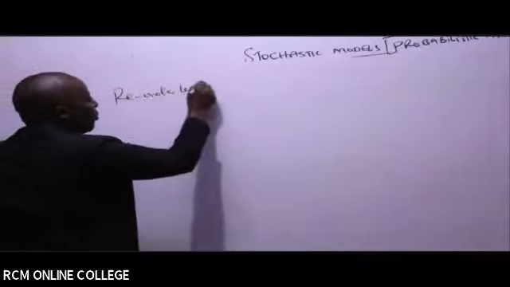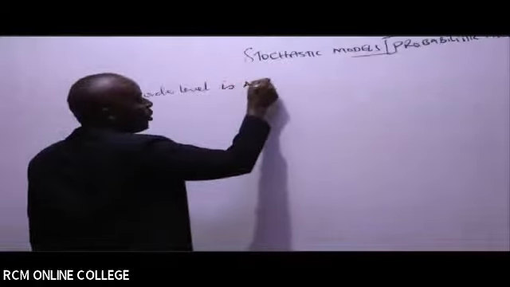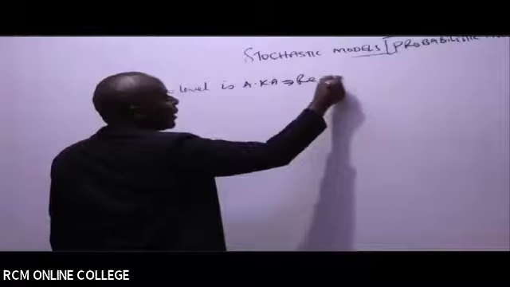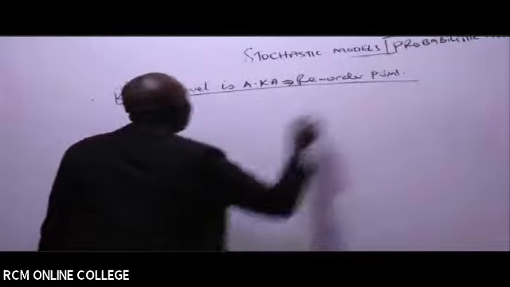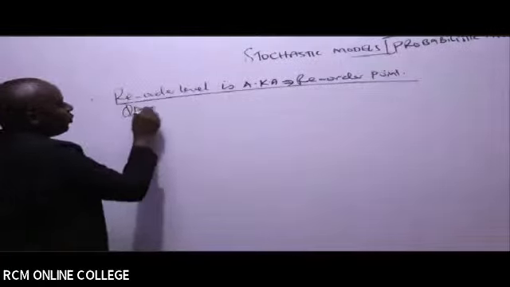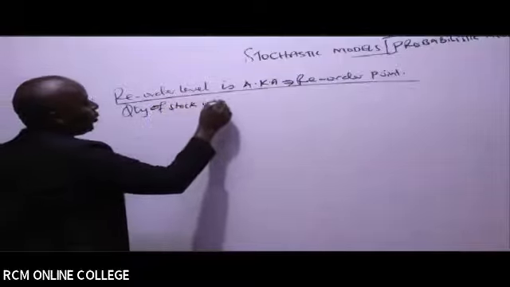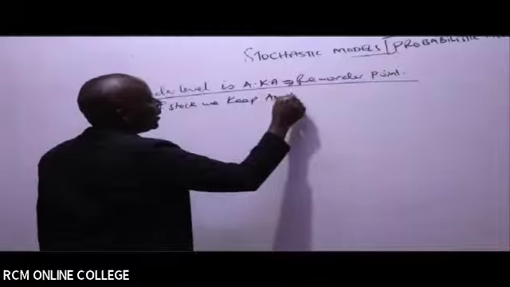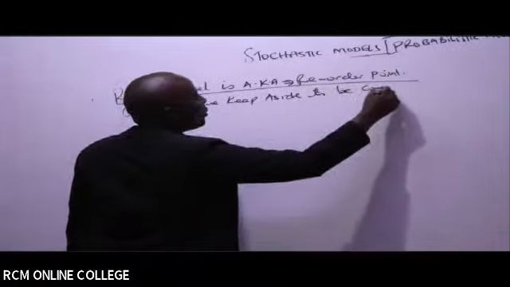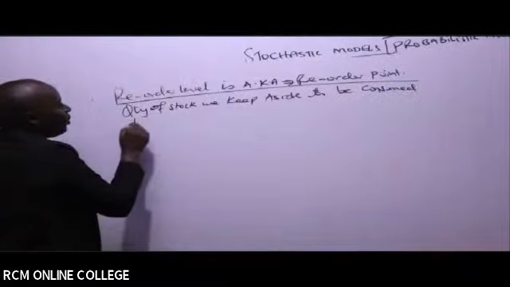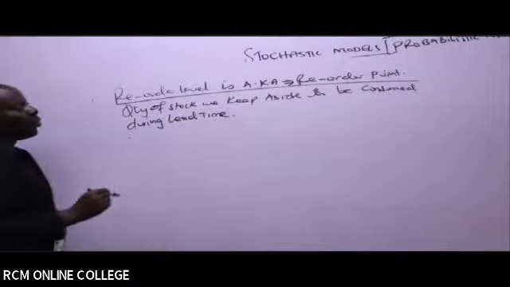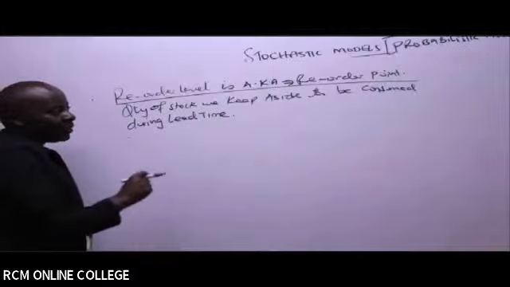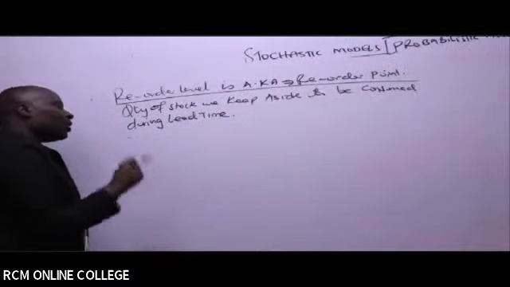So whenever we talk about reorder level, also known as reorder point, basically this is the quantity of stock that we keep aside to be consumed during lead time.